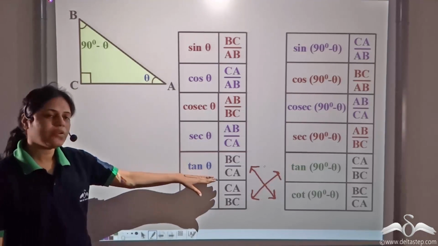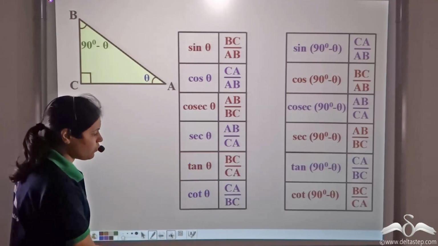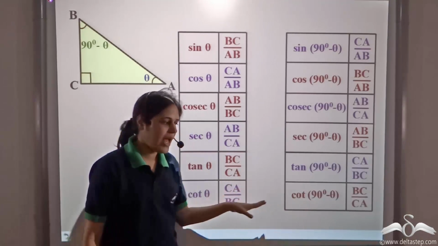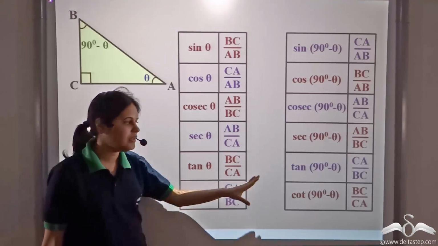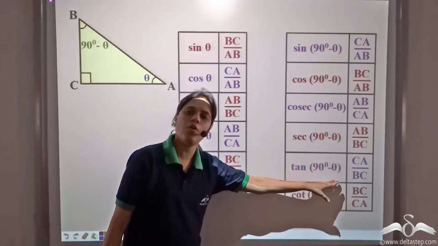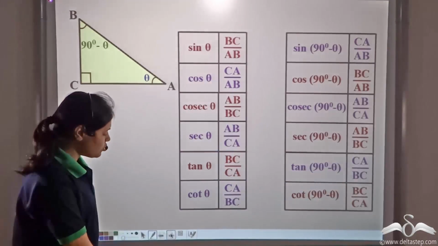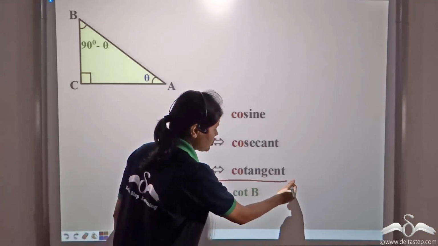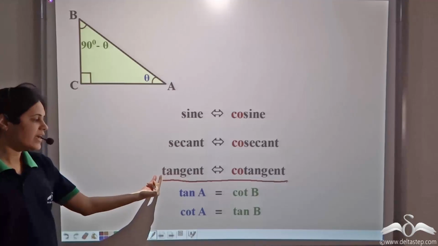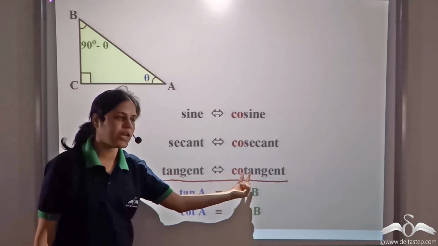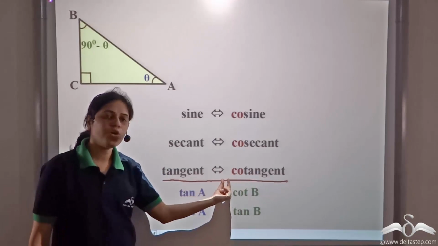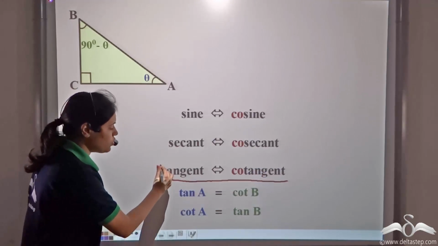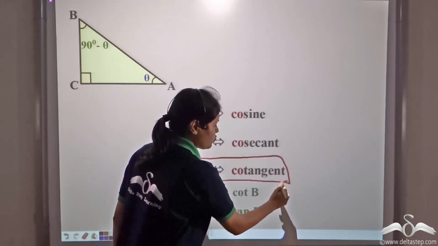So tan of an angle is equal to cot of the complementary angle, and cot of an angle is equal to tan of the complementary angle. So tan and cot are complementary ratios. That is why tangent, cotangent. Co stands for complementary of tangent. So these two are complementary ratios.